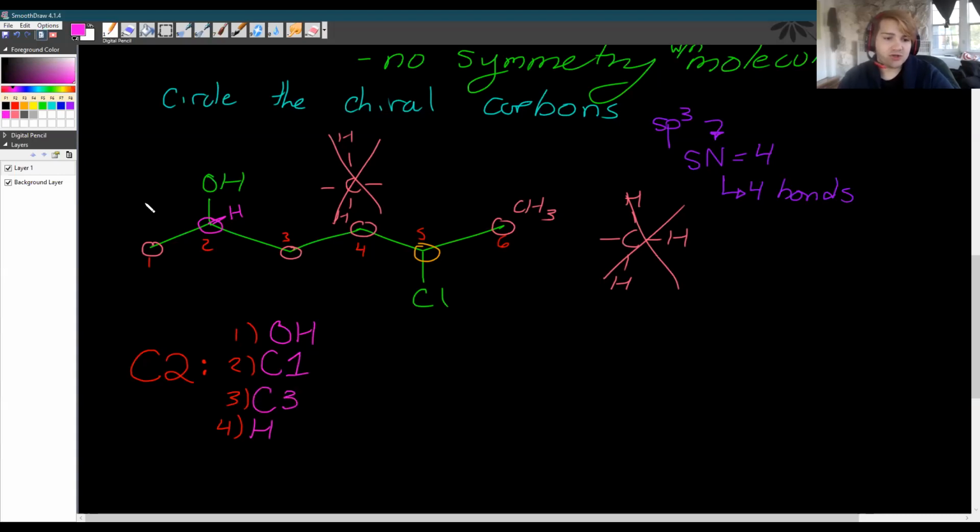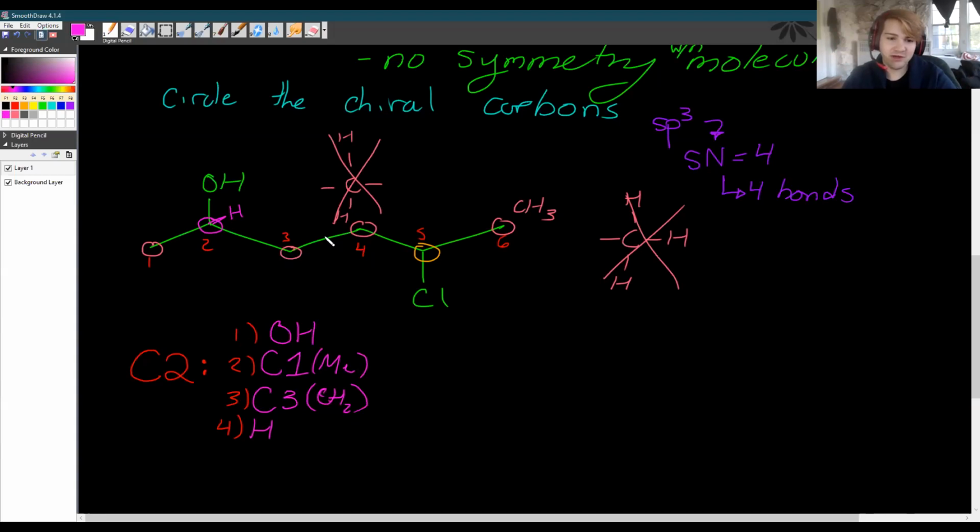And we have to make sure that C1 and C3 are different from each other, right? Well, C1 is a methyl group, and C3 is that CH2 group. So we could write in CH2, but obviously we can see just from visual examination of this molecule that to the left, that C1 carbon is much different than that C3, right?